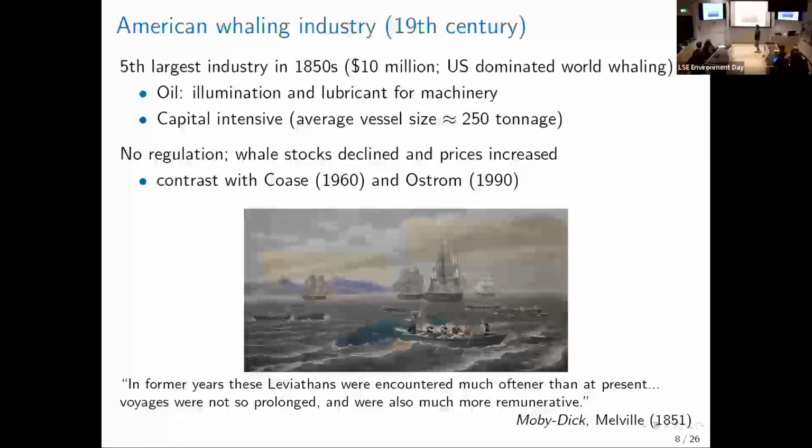Also, this industry was very capital intensive. For example, the average vessel size was around 215 tonnage. Importantly, there was no regulation. So the industry experienced a decline of oil stocks and then an increase of prices.